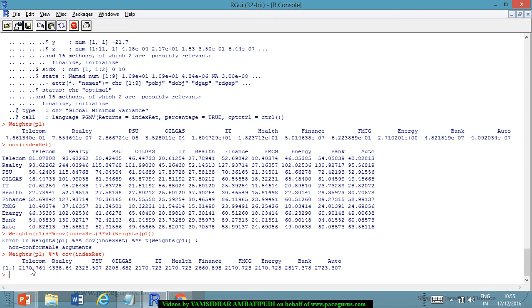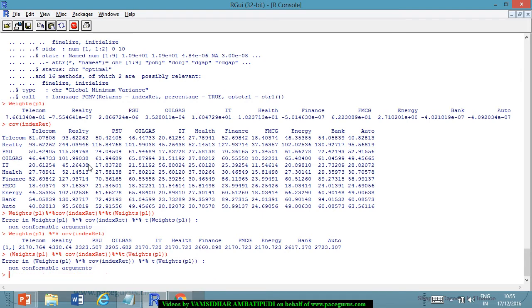Let me take this number entirely in brackets and then do a matrix multiplication with the transpose of this number, 5, 6, 7, 8, 9, 10, 11.